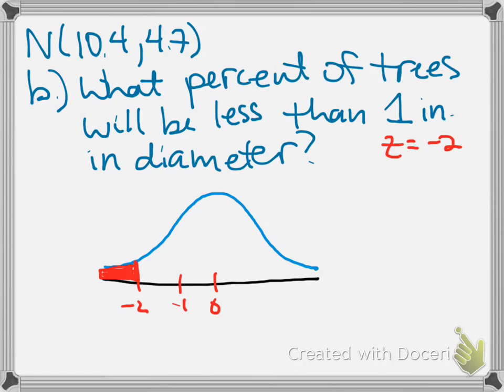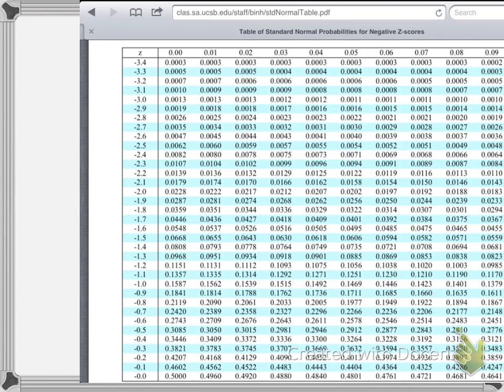So now that we know what our diagram looks like and that our z-score is negative 2, we can take a look either at our standard normal table or we can use our calculator. Since I haven't shown you how to do this on the calculator yet, we're going to have to use our standard normal table, which is right here. If we have a z-score of exactly negative 2, then I go down to the row that includes negative 2, and I look at the column 0.00.